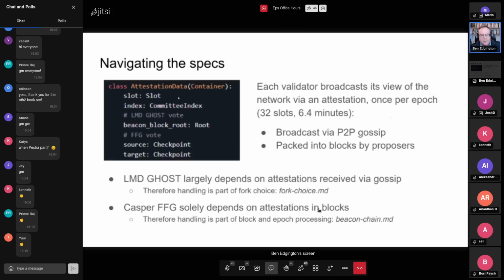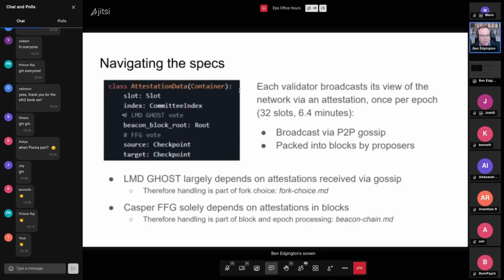What are the contents of an attestation? Well, you have a slot number just so you can anchor it in time. The committee index is historical. After the Electra upgrade, this will be set to 0 all the time, so we don't need to worry about that. And then there are two kinds of vote, and this is what we're going to focus on now. This is what feeds fork choice.